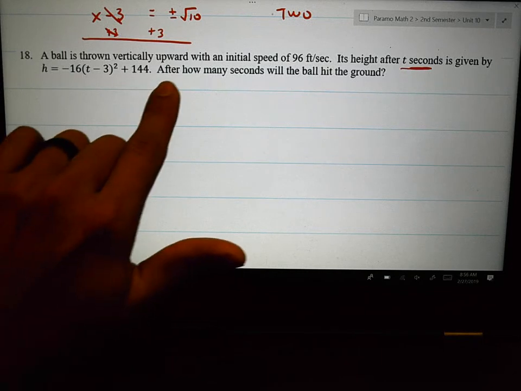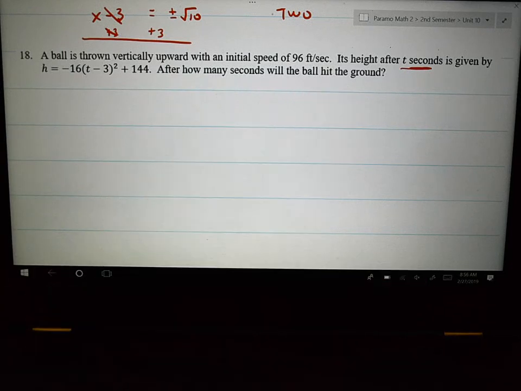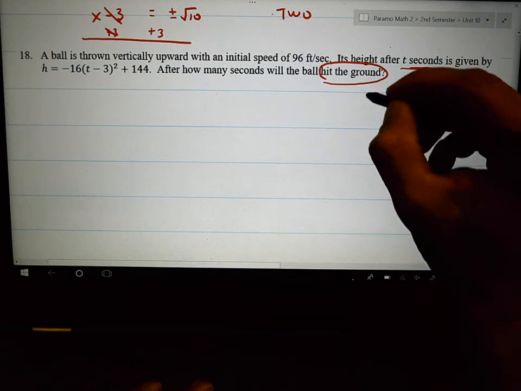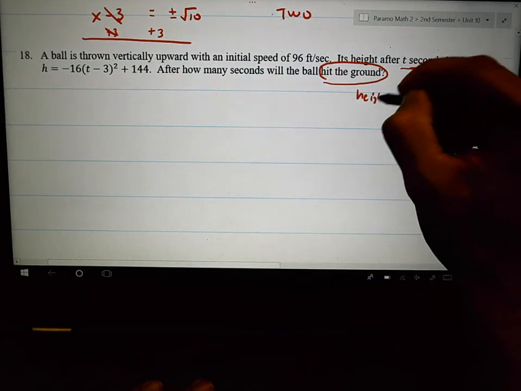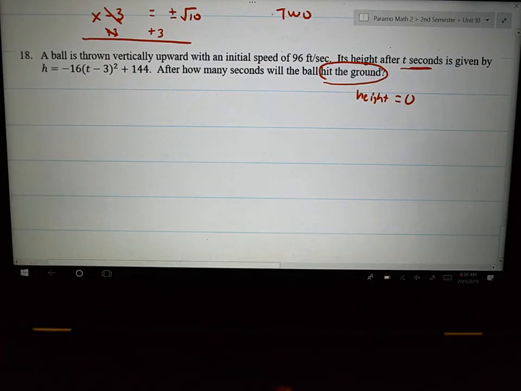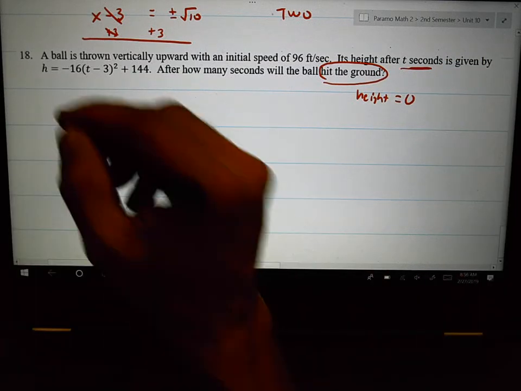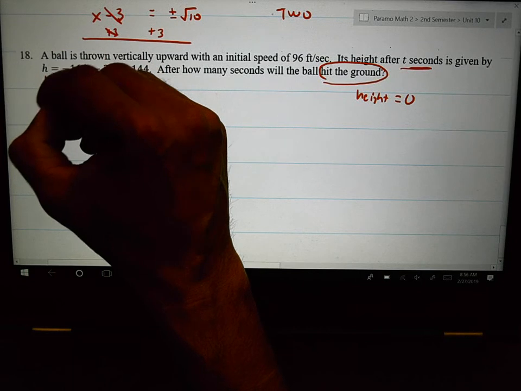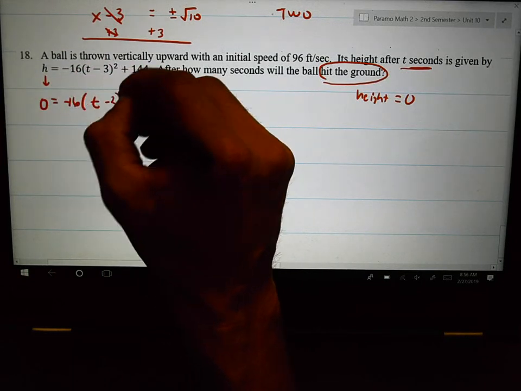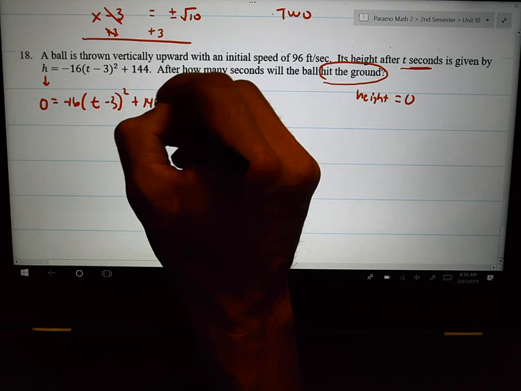After how many seconds will the ball hit the ground? When it hits the ground, it is how many feet off the ground? The height, when it hits the ground, is going to be 0. And that's the key to solving this question: the height is going to be 0 and you need to figure out what the t is in a mathematical sense.